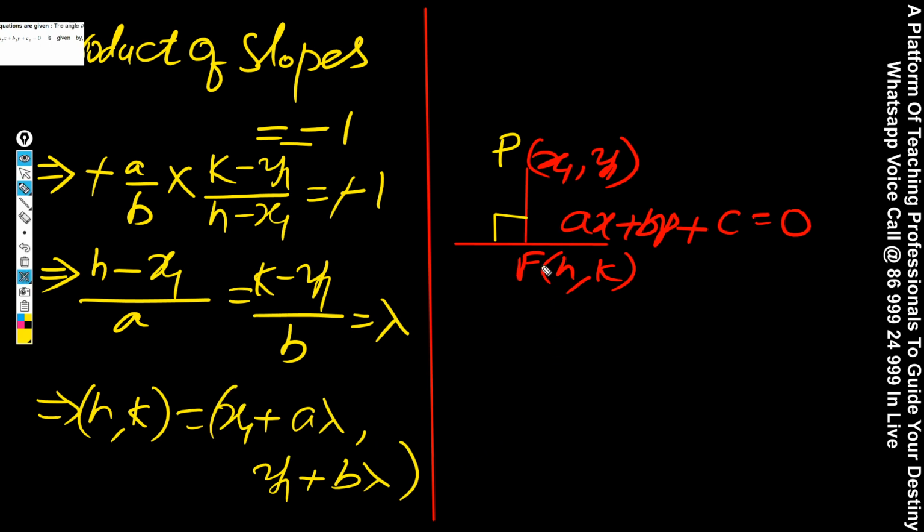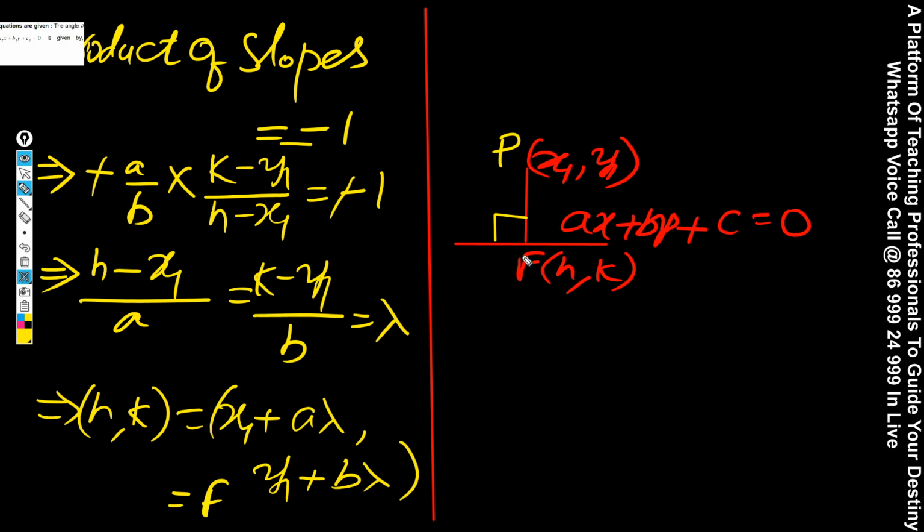But where does HK lie? It lies on the line, and hence it must satisfy it. This is nothing but F. This F lies on the line.